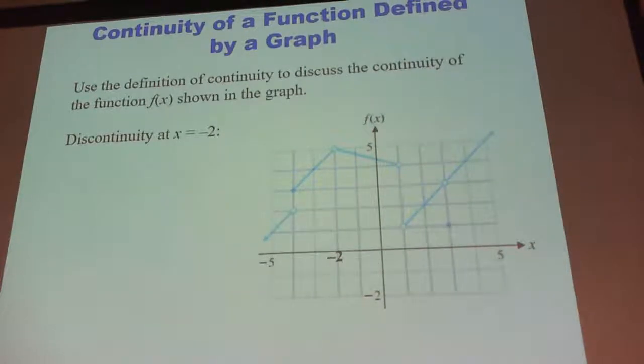Okay? I want you to look at -2. On your paper, I want you to write this down. I'm going to write it down and bounce back and forth. We're going to see the limit as h approaches -2 from the left. What do you get? I want to know the limit as h approaches -2 from the right.